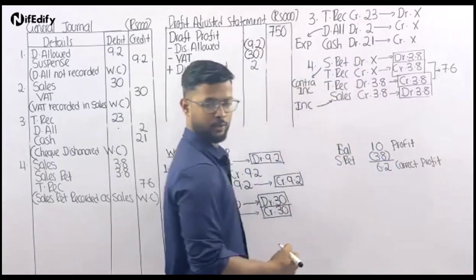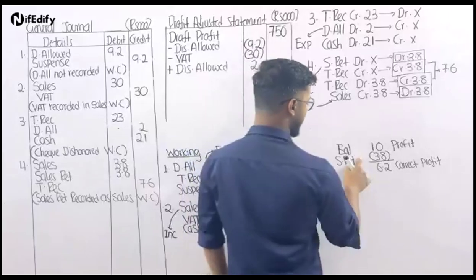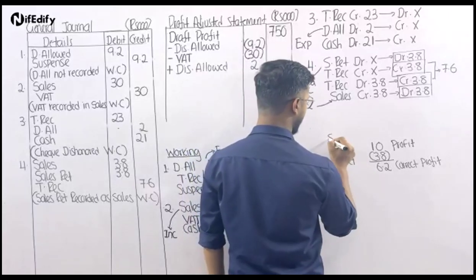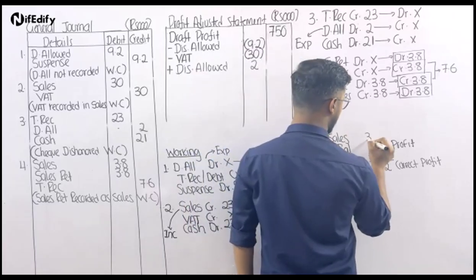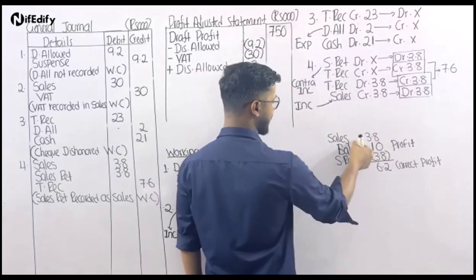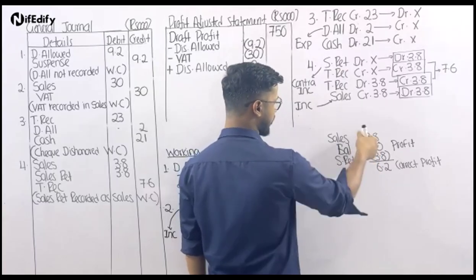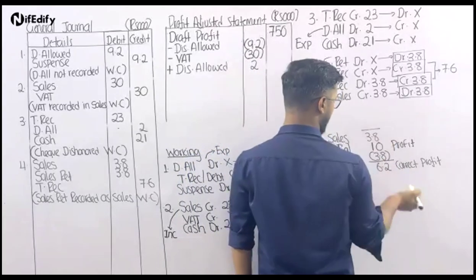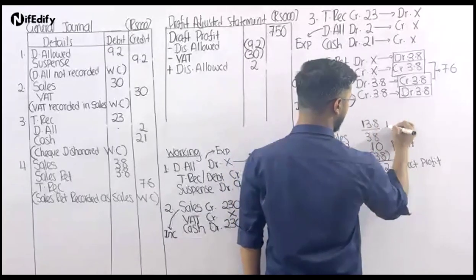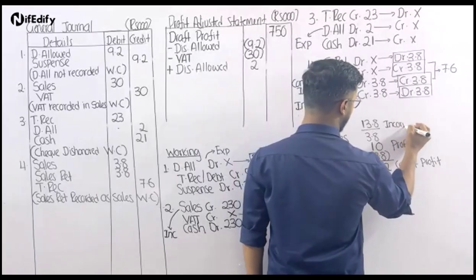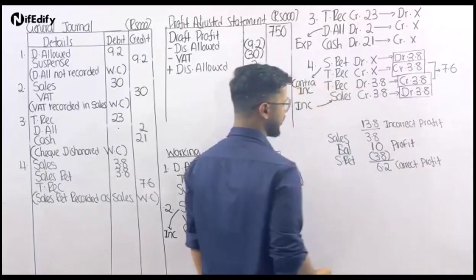But instead of recording this as a sales return, you recorded it as a sale, which means you recorded that as an income. So something that should be subtracted was added. So now your profit is 13.8. And we all know this is an incorrect profit.